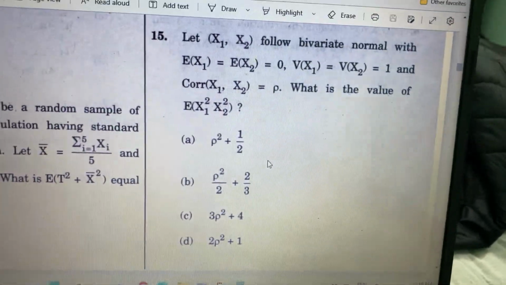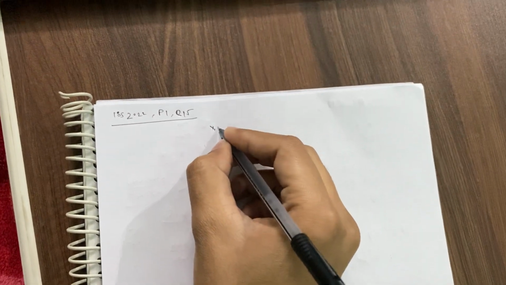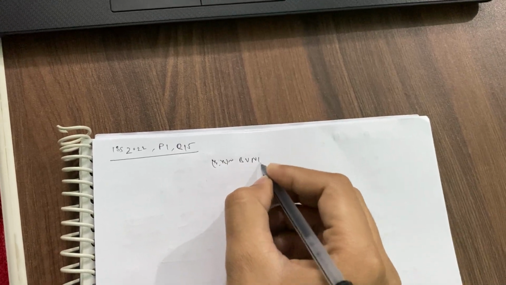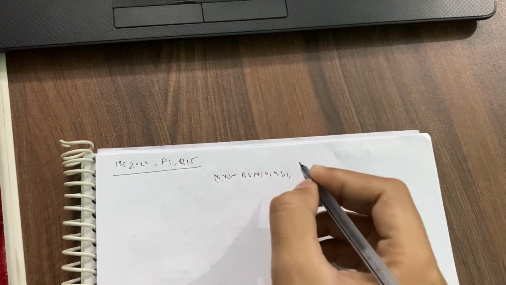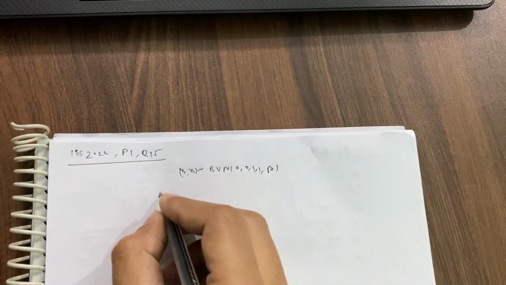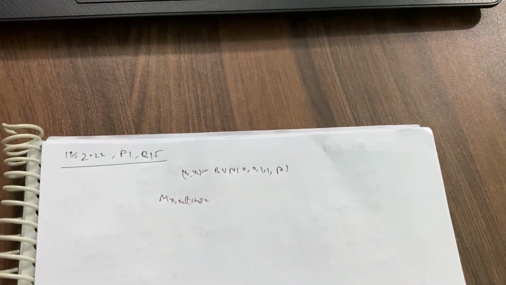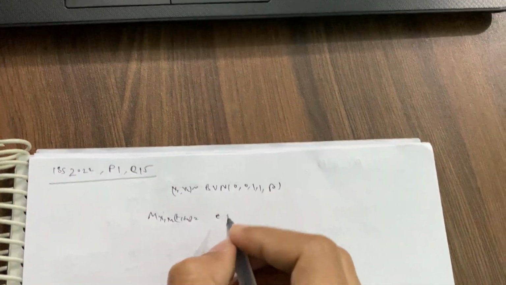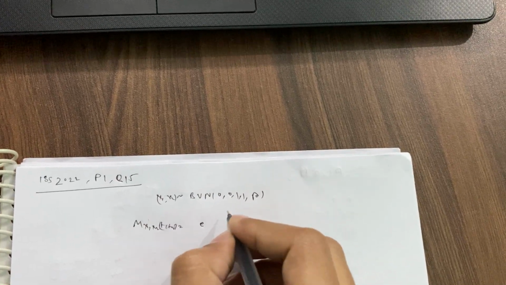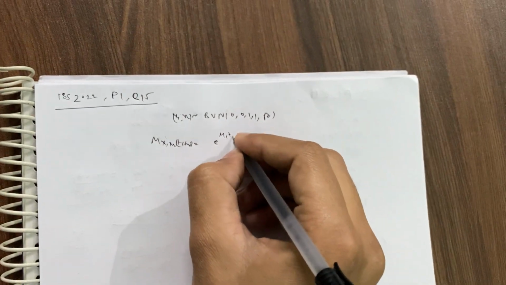So let's do this. We are given that X1, X2 follow a bivariate normal with mean 0, 0, variance 1, 1, and correlation coefficient rho. Now write the moment generating function first. It is given by e to the power mu1 t1 plus mu2 t2, and mu1 and mu2 are both 0, so that term vanishes.